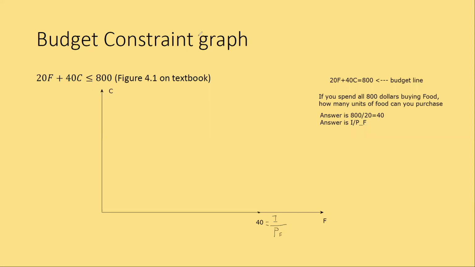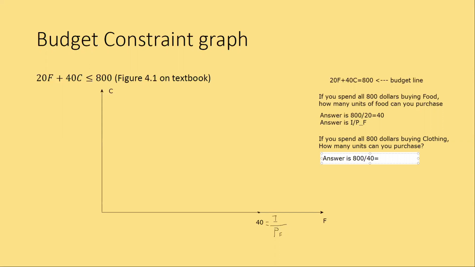Now, similarly, we can ask another question. If you spend all your income purchasing clothing, how many units can you purchase? The answer is, again, quite straightforward. We have $800 and each unit of clothing costs $40.